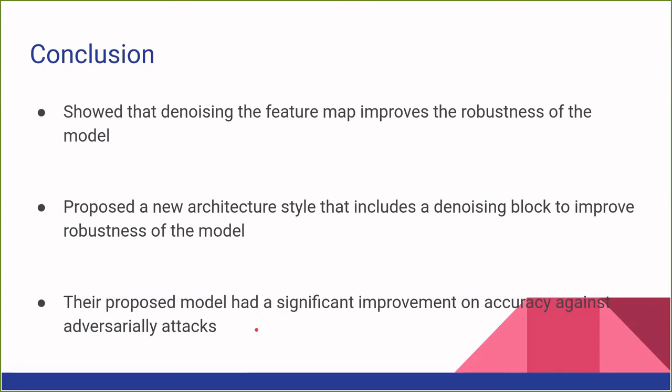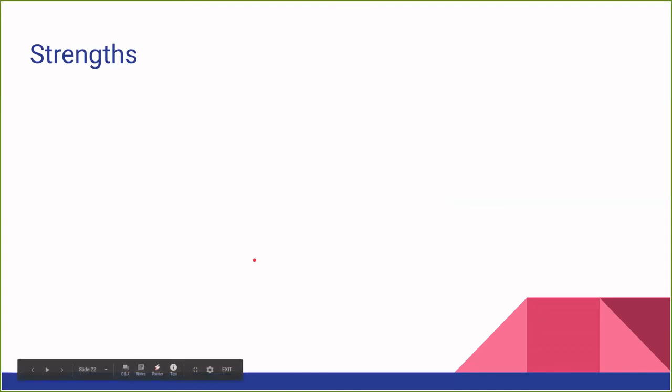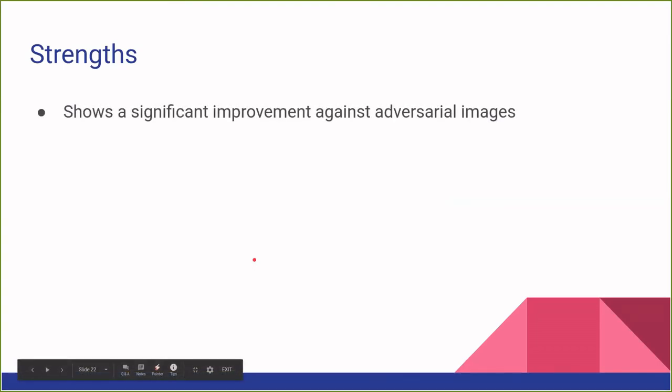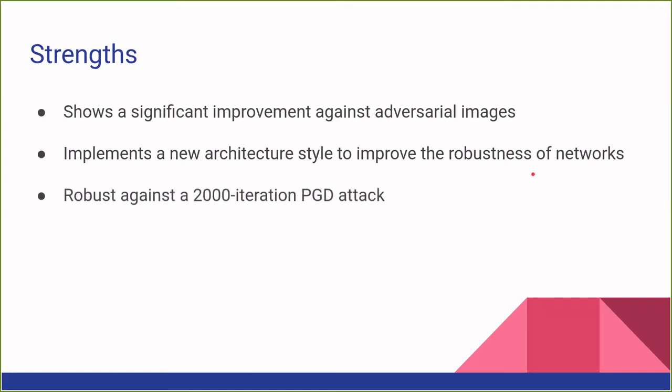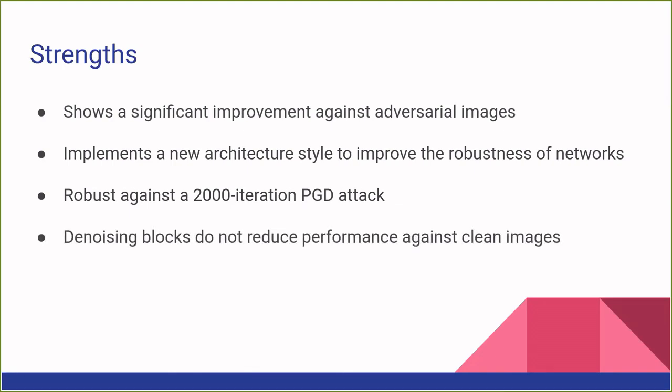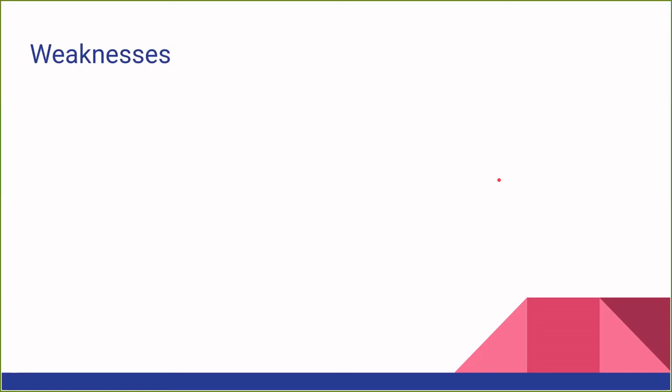The strength of the paper was that it showed a significant improvement against adversarial attack. They implemented a new architecture to improve the robustness of the network. It stays robust against a 20,000 iteration PGD attack. They showed that the denoising block did not significantly reduce the performance against clean images. And Saeed will go over the weaknesses.